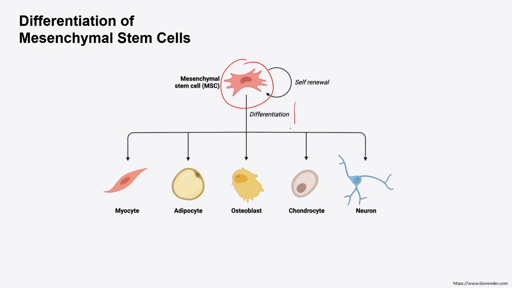For example, myocyte, which can form the muscle; adipocyte, which are essentially fat-derived cells; osteoblast, which are related to bone formation; chondrocyte, related to cartilage formation; and neurons, which are part of the central nervous system.